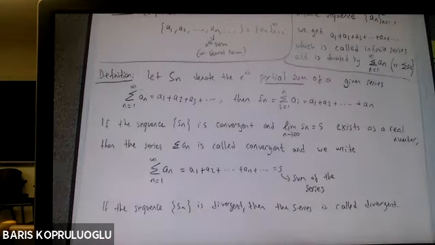So basically what this tells us is if you want to determine if a series, an infinite series, is convergent or divergent, you can check its partial sums. If the sequence of the partial sums is convergent, so is the series. If the sequence of the partial sums is divergent, then the series is divergent too.